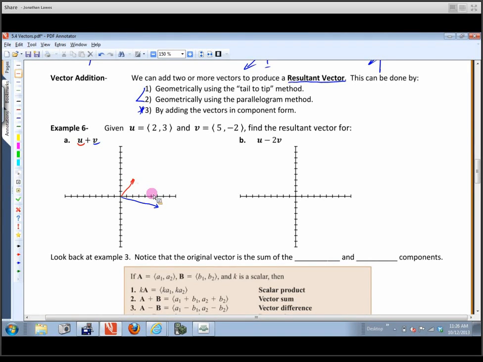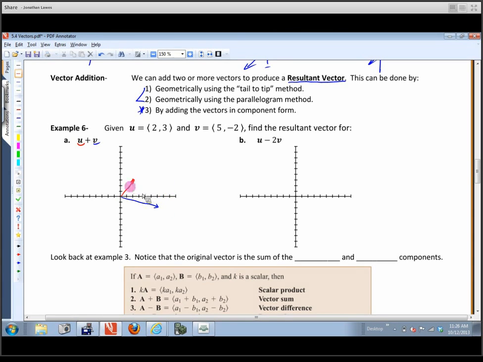Well, here's the parallelogram method, and there's nothing wrong with either of these methods. They're both very good. I'm going to show you the parallelogram method first. I'm not a huge fan of the parallelogram method, but we'll go ahead and do it. So what we do to do the parallelogram method is I take a copy of this one and I draw it over here.